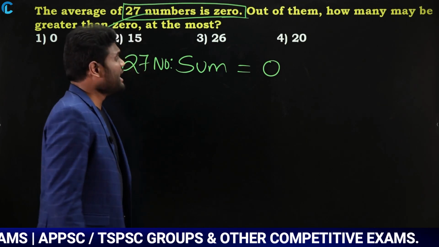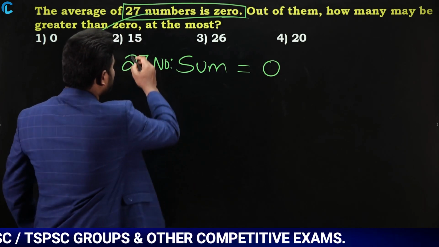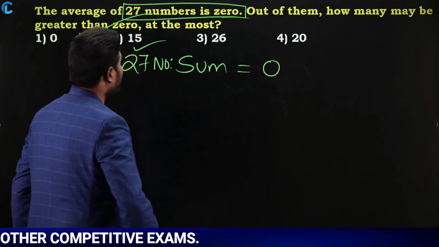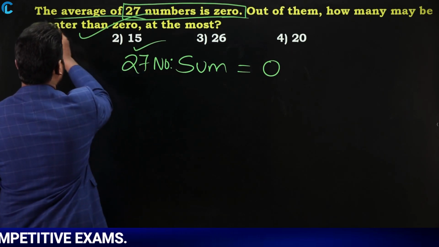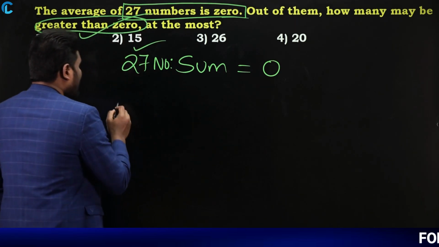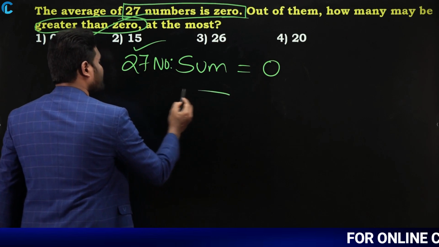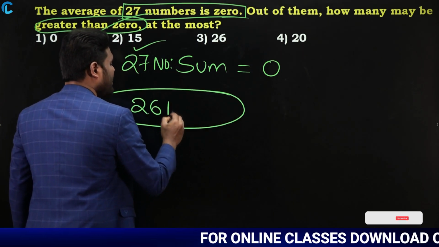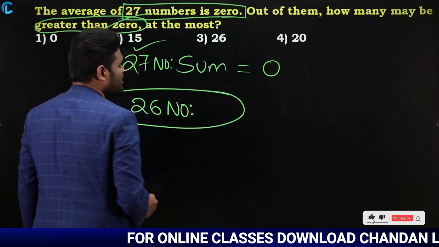But what is your question? Your question is saying, out of these 27 numbers, how many may be greater than 0? So how many numbers can be greater than 0? That is your question. Now look here. Let us say out of 27 numbers, these are 26 numbers. Very simple question, observe here carefully. These are 26 numbers.